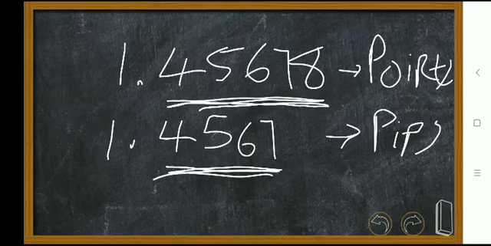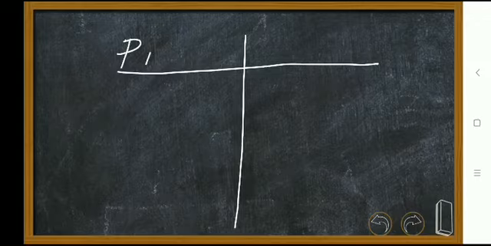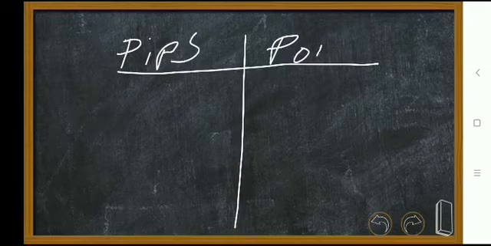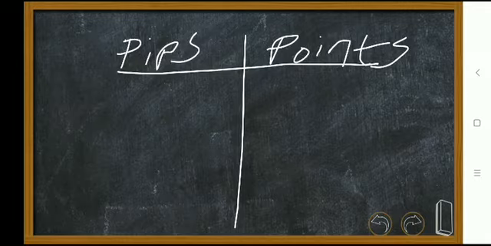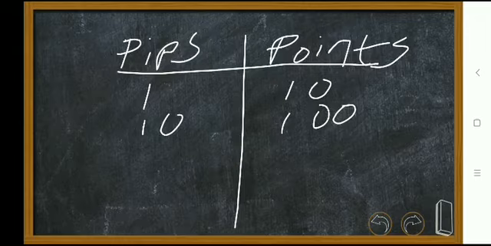So let's go back. Let me just give a further example. Pips and points. Said 1 pip is 10 points. 10 pips is 100. 100 pips.